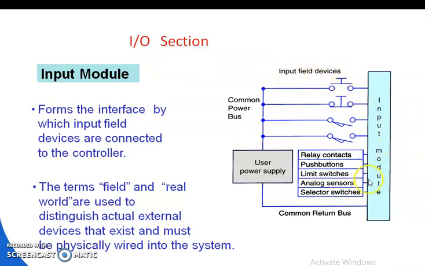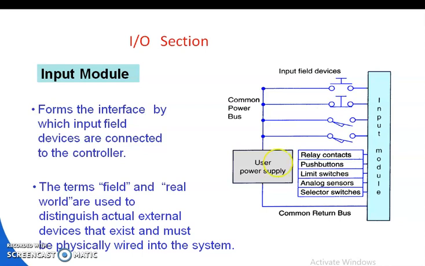This is the input module. This is the common power bus. These are the broadcast line buses. This is the user power supply. These are relay contacts, push buttons, limit switches, oscillator switches, and the common return bus.